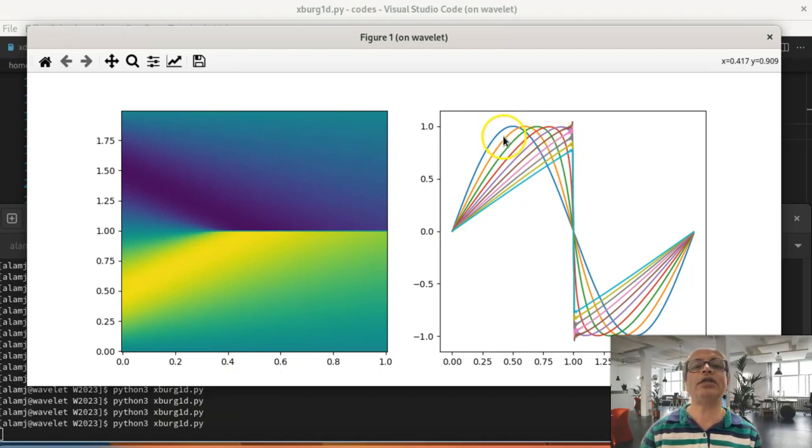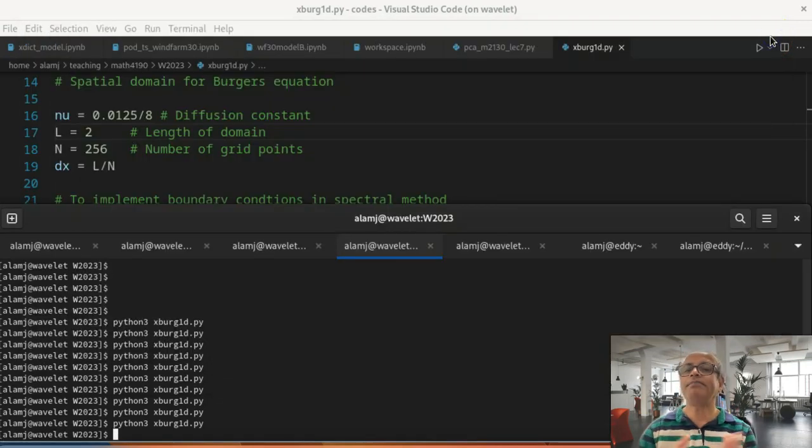I can see 1, 2, 3, 4, 5, 6, 7, up to 70 time steps. The diffusion term is dominant, and then the advection term is dominant, and then the viscous term dominates at that point. It takes some longer time.